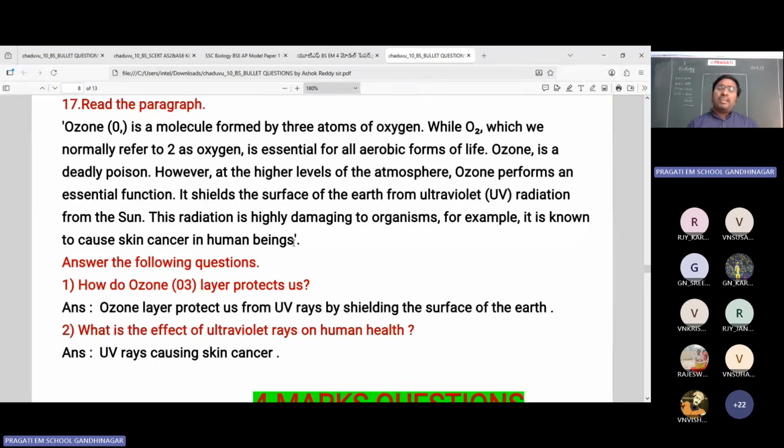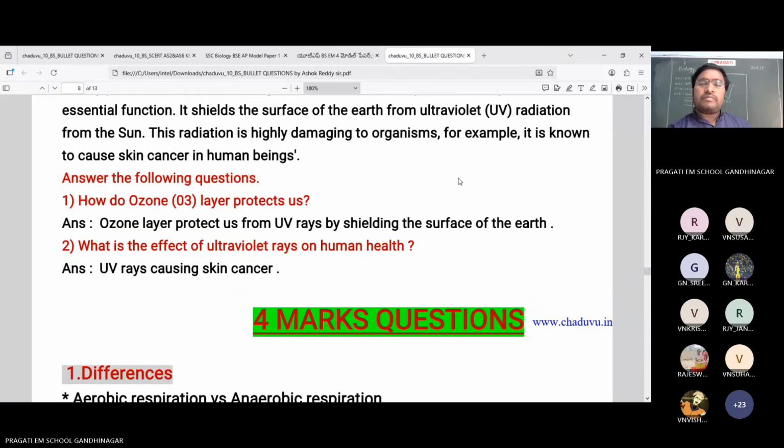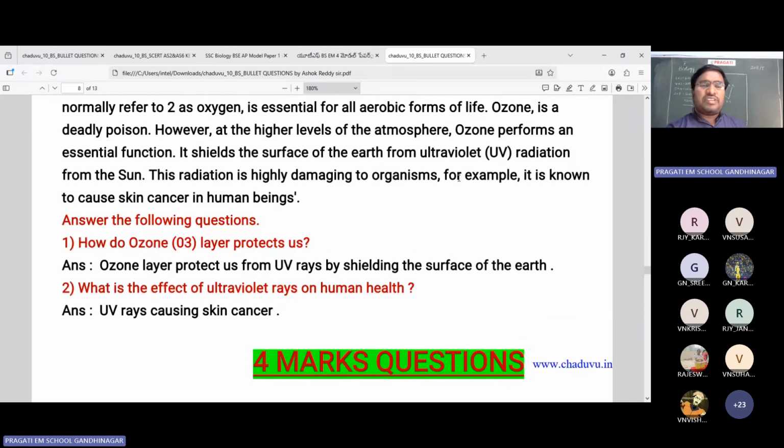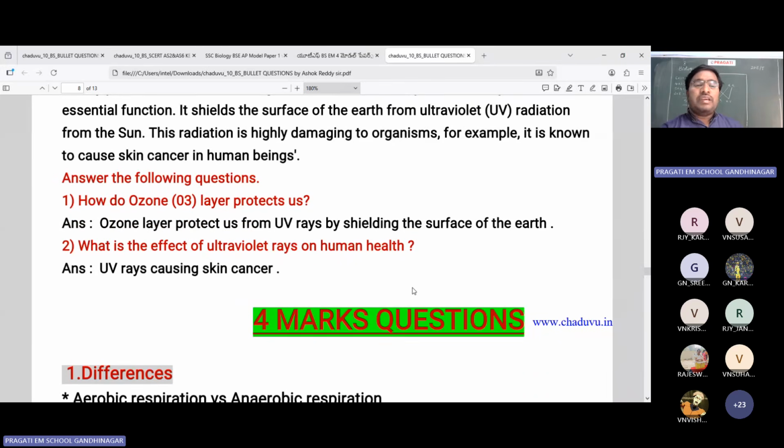However, at the higher levels of the atmosphere, ozone performs an essential function. It is a shield to the surface of the earth from ultraviolet radiation from the sun. This radiation is highly damaging to organisms. For example, it is known to cause skin cancers in human beings.